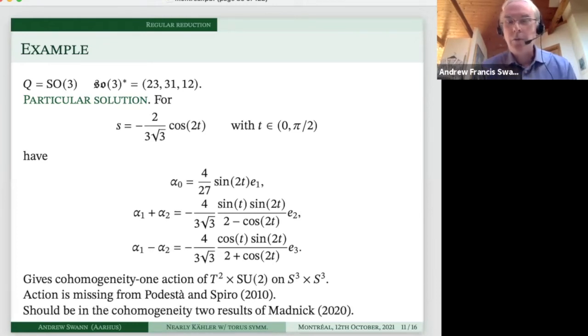And there was some nice work of Madnick about cohomogeneity 2 actions on nearly Kähler 6 manifolds, where he has quite a good analysis of solutions of the setup in many situations. He has a cohomogeneity 1 metric hiding in there, which I'm fairly certain is this one. I haven't checked all details through, but unfortunately he dismisses it due to it not being on the list in Podesta and Spiro.